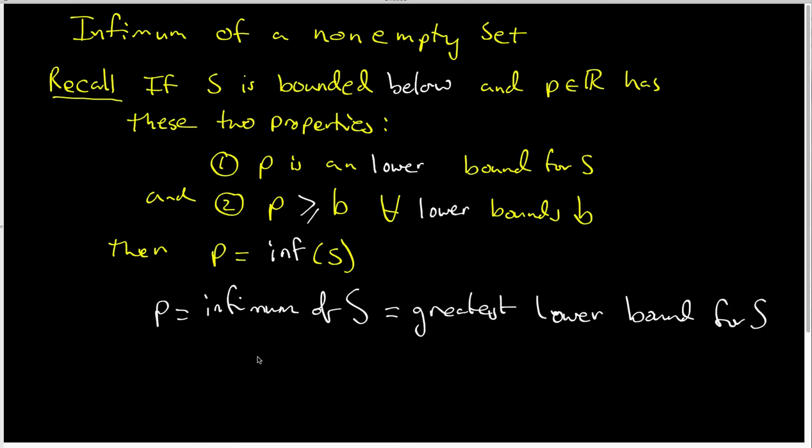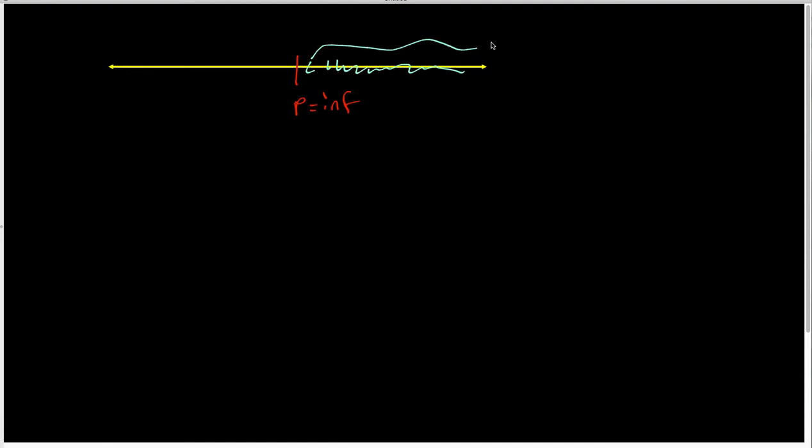Now it turns out that since all we've done is swap bounded above for bounded below, upper bounds for lower bounds, and this one inequality changed to the appropriate natural direction, we get the same kind of number lines that we had for sups, except that they're flipped upside down. In other words, if here is my number line and I put P here as the infimum of S, what that tells me is that all of the elements of S have to live over here.